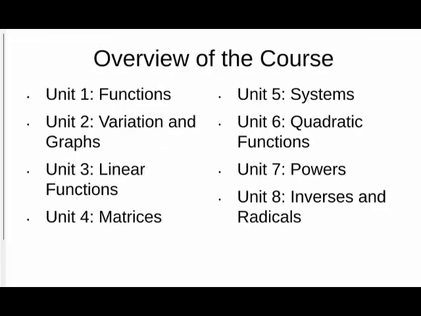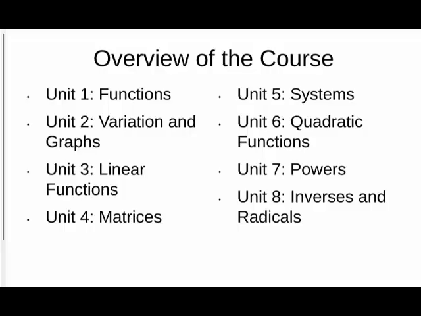All right, so here's an overview of what we'll be covering in the course. These are also the chapters of the book if you follow along in the book. I call them units. Unit 1, we'll be talking about functions. Unit 2, variations and graphs. Unit 3 will be going into linear functions. Unit 4 will be talking about matrices. Unit 5 will be talking about systems. Unit 6, quadratic functions. Unit 7, powers.